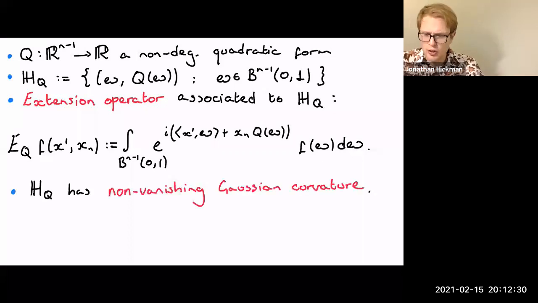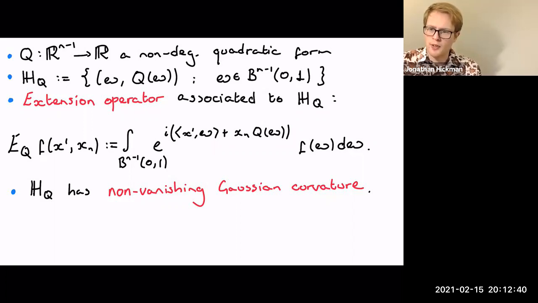It's well known that the curvature of the underlying hypersurface plays a significant role in restriction theory. And in this instance, our hypersurfaces have non-vanishing Gaussian curvature. So from the restriction theory perspective, they're part of the best possible case. They have the best possible curvature properties.